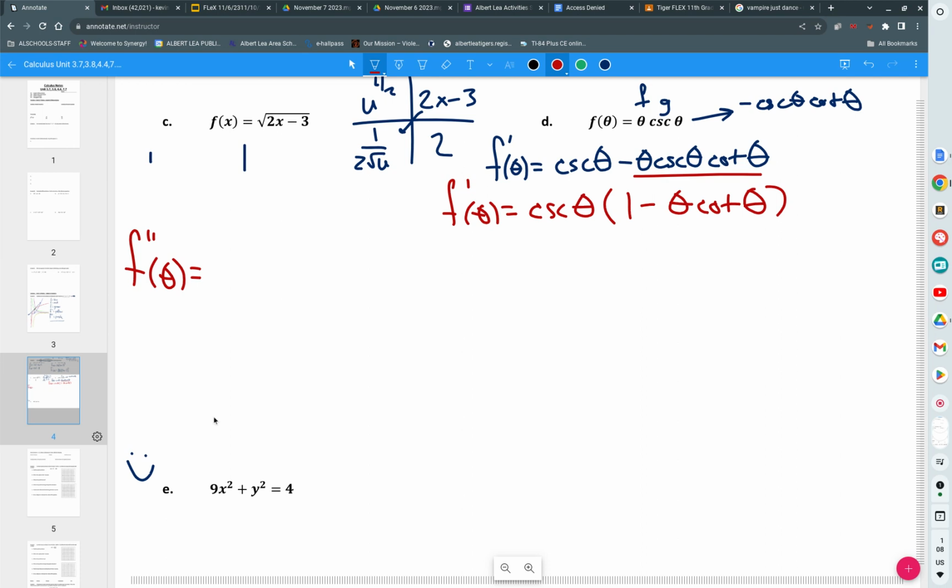What is the derivative of cosecant? Good. Now what? That's f and that's g, right? So times the 1 minus theta cotangent of theta.